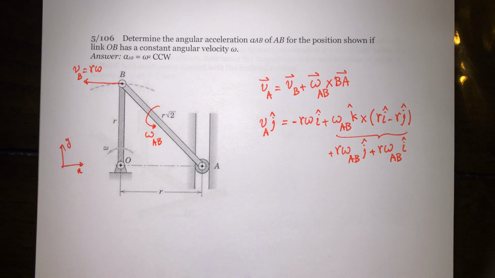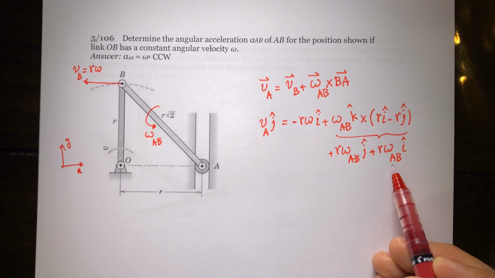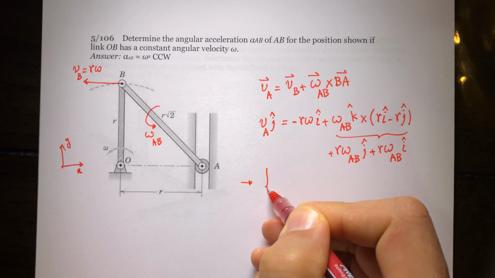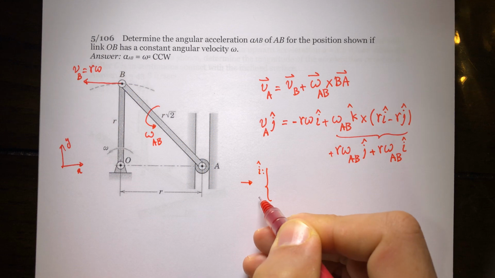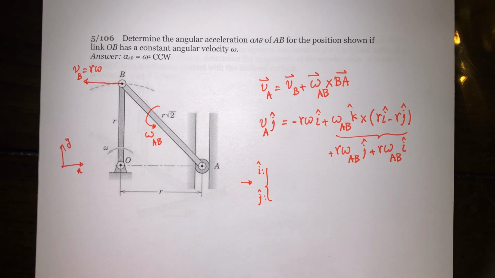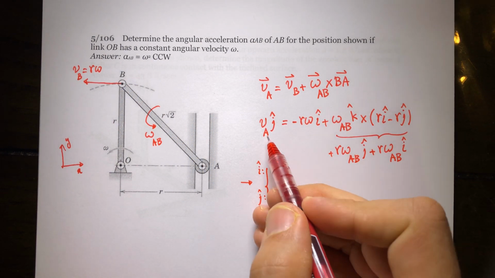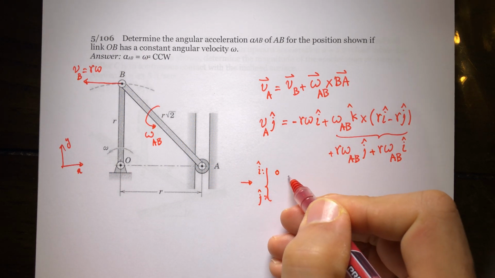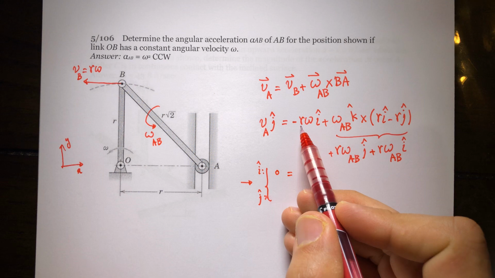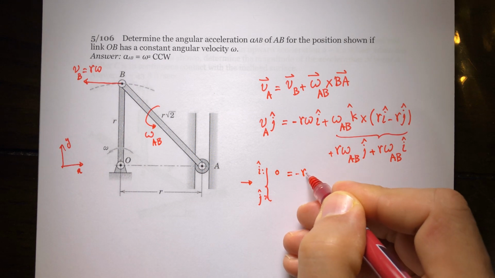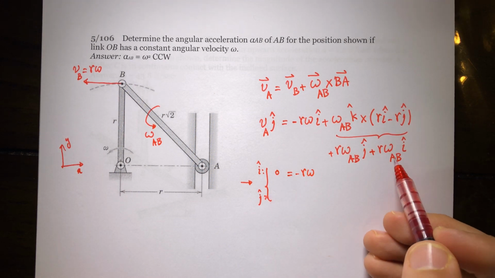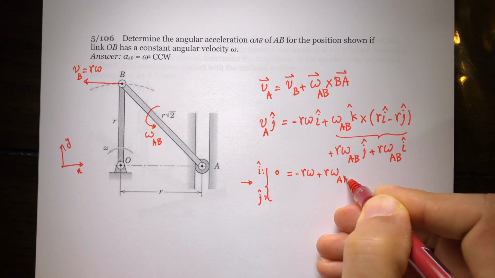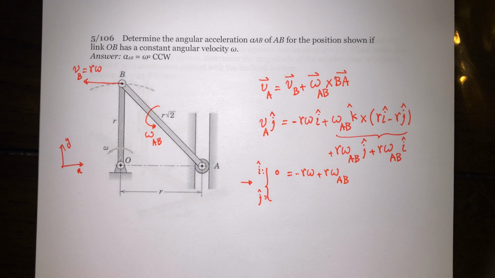Now here we have a vector equation, right? And we have two unknowns here, velocity of A and omega AB. So if I split this equation to I and J terms, I should be able to find both of them. For I, I have nothing here on the left side of the equation. On the right side of the equation, I have negative r times omega in the I direction, and also I have positive r times omega AB in the I direction.